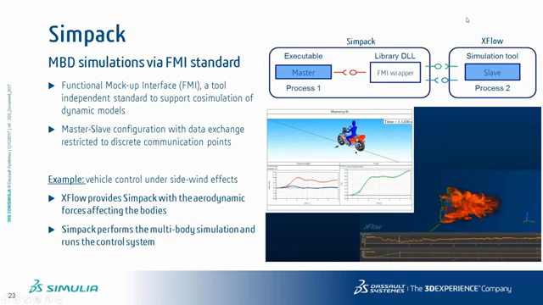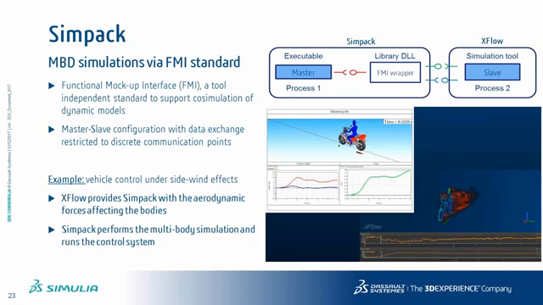And in this case, Simpack is the one that actually handles the master, so it's the master that calls XFlow in order to get the forces that it needs to do the computation. And all this information is exchanged using some libraries and FMI wrappers. But really the user doesn't have to do anything else than set up the simulation and run it.